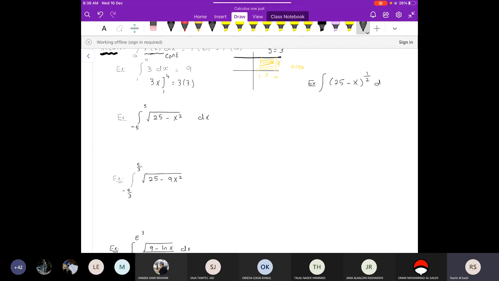This function is linear, so the integral according to the rule is 25 minus x to the power 3 over 2, over 1/2 plus 1, which is 3 over 2, over minus 1, plus c. Okay? Now notice this function is linear. But now the problem is that this function is quadratic. We can't apply the rule.